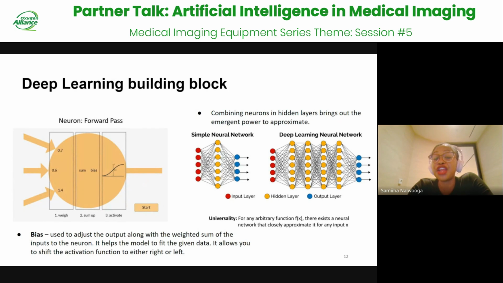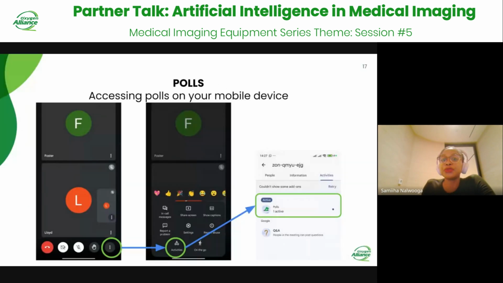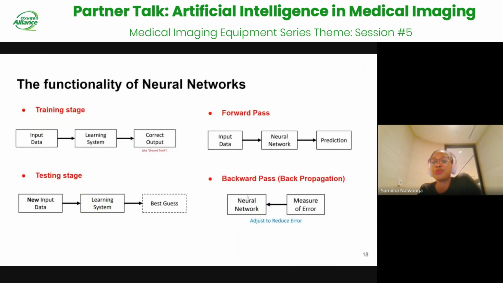If the error is high, it will propagate it back to the input layer, adjusting the weights and the bias until it's able to make a correct prediction. That's what makes neural networks very powerful, the backpropagation concept. So you get the gradient from the output layer, then push it back toward the input layer by adjusting the weights and the bias to make sure that the error is minimized.